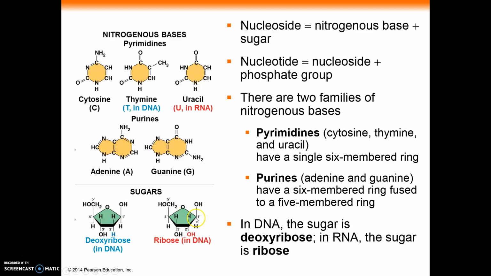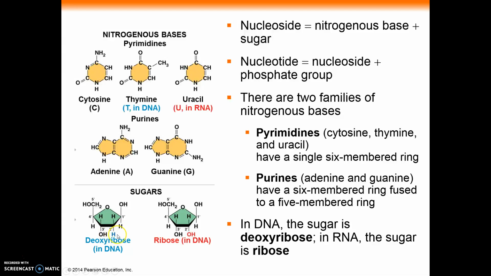It has a carbonyl carbon and has OH groups attached to each carbon, just like a carbohydrate should. The difference over here in deoxyribose is, notice the carbon at position 2, it is missing its OH group. So it's deoxyribose.